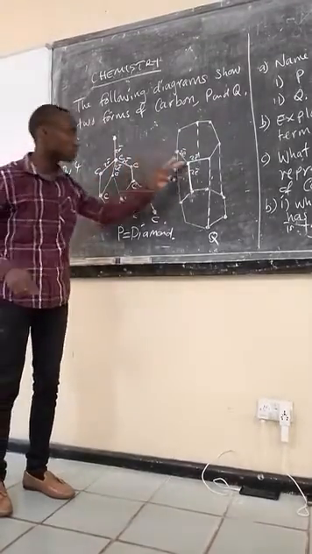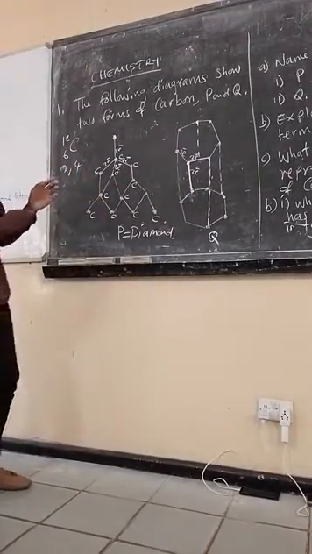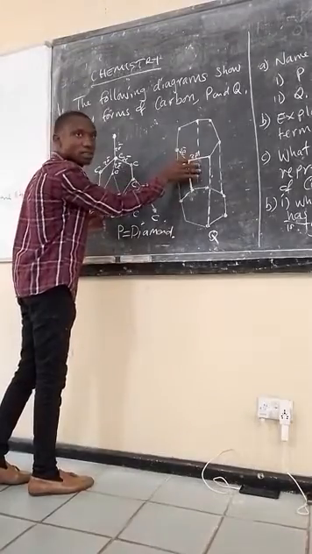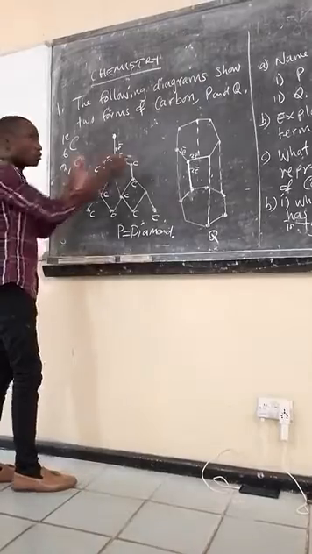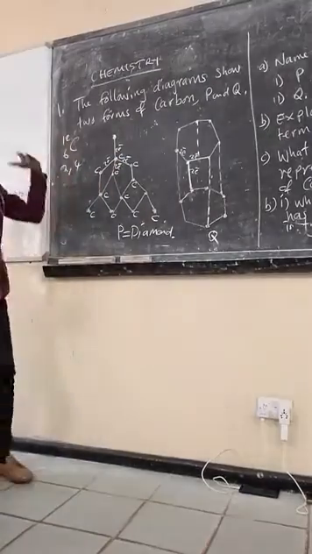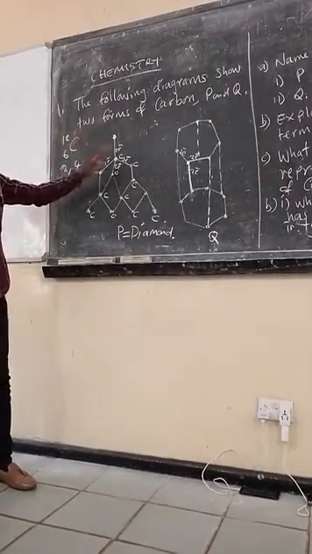Now these 2 properties which I've mentioned, here we have got 3 bonds, this side we have got 4 bonds. They are all covalent bonds. This one which has 4 bonds is very strong. Are we together? Because we have no free electrons.